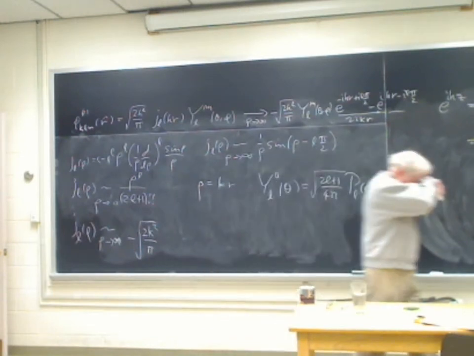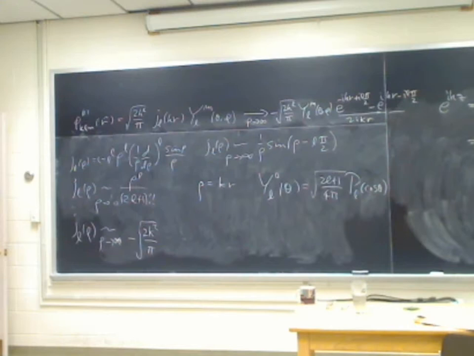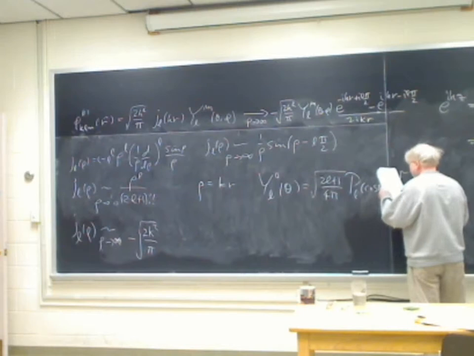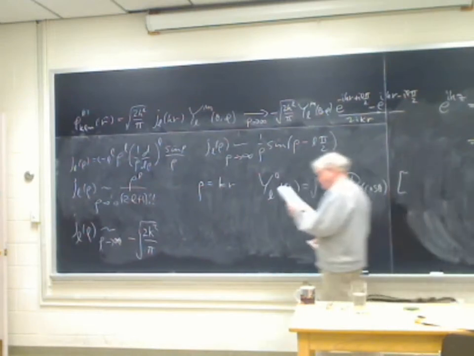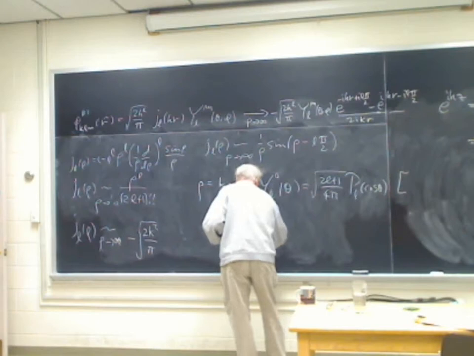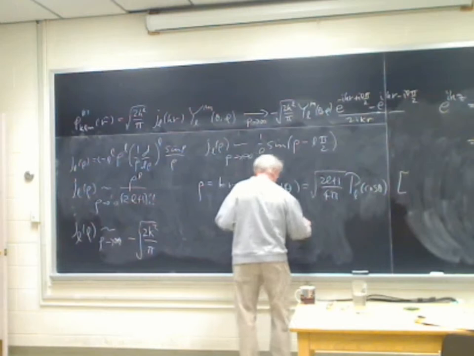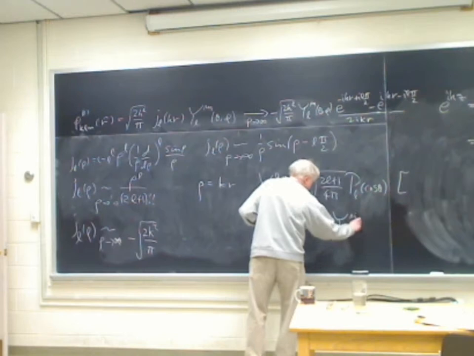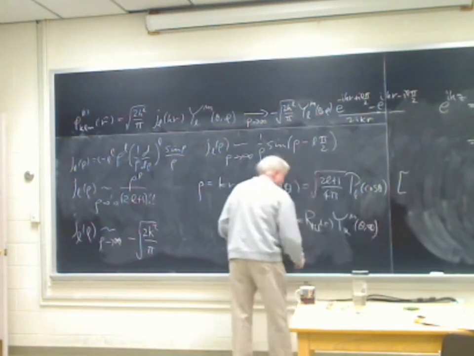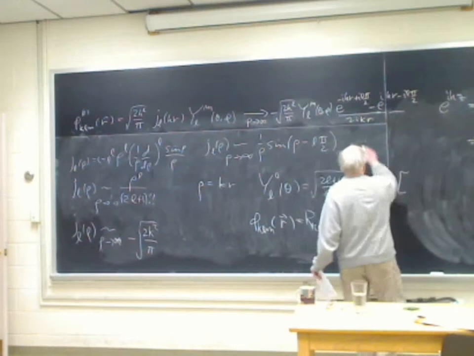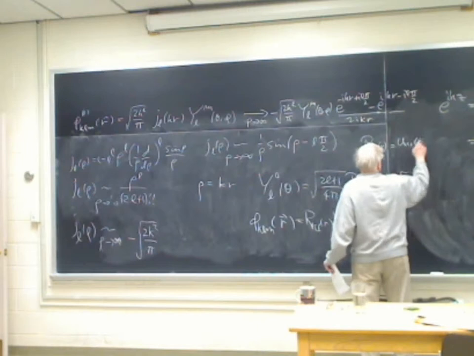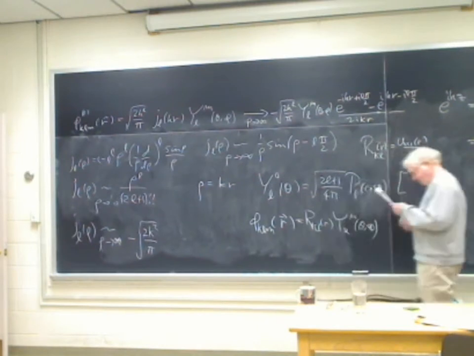Okay, now to analyze scattering, though, we need to bring in the potential and actually solve the equation. In fact, what we're going to do is say, instead of phi_0, phi_klm of r is going to be equal to some R_kl of r Y_lm of theta and phi, and then we're going to write R_kl of r as u_kl of r over r.